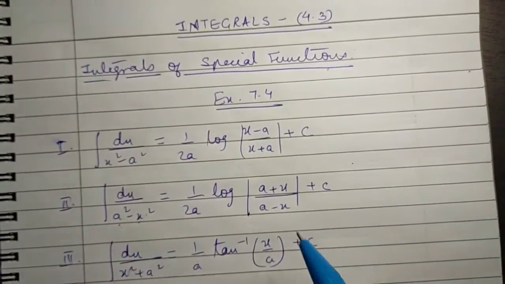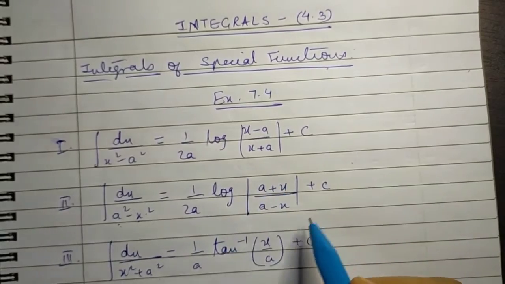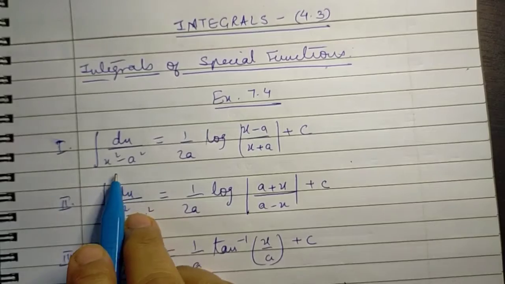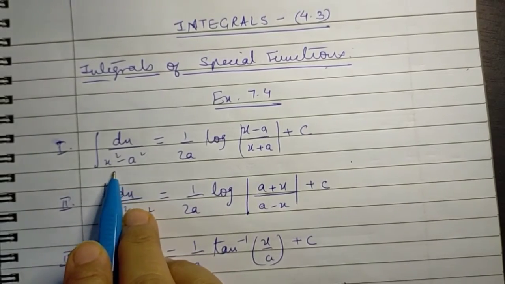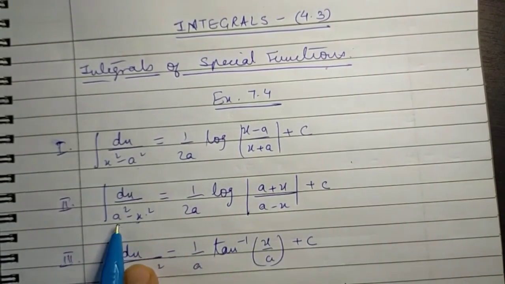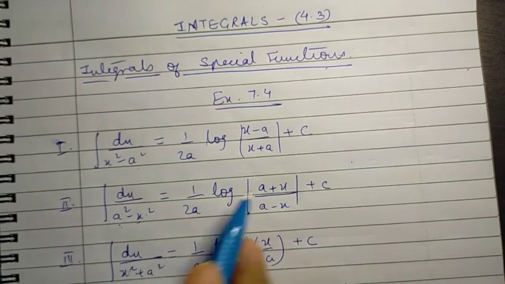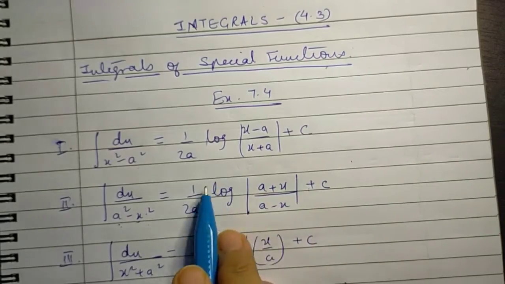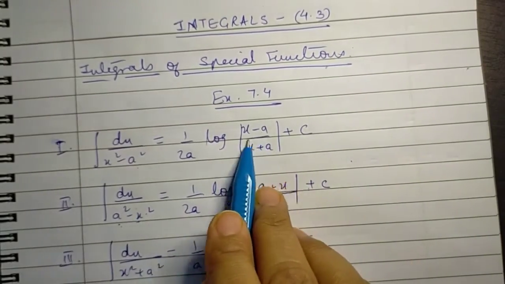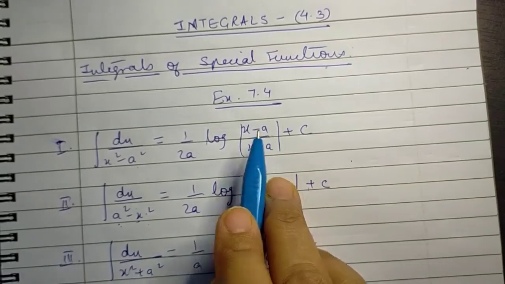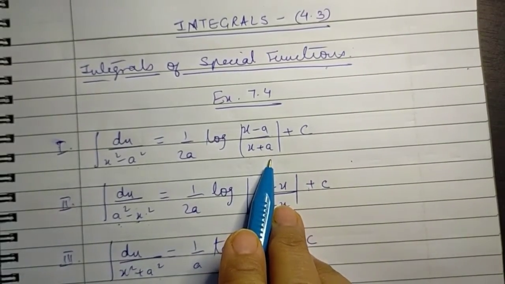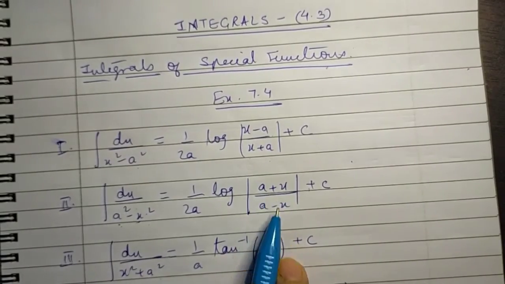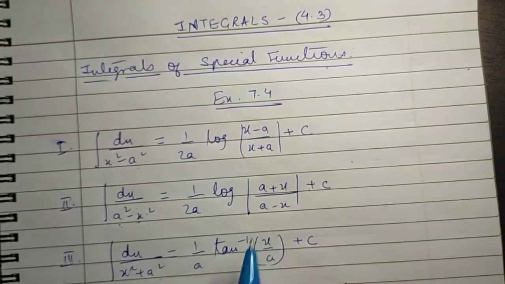Now if you observe carefully, their results are somewhat similar in pairs. Like if you just observe the integral of 1 upon x squared minus a squared and 1 upon a squared minus x squared, the results are somewhat similar. They only differ in that here the x minus a term is in the numerator whereas the x plus a term is in the denominator, and here it's just the opposite, that is the plus term is in the numerator, minus is in the denominator.